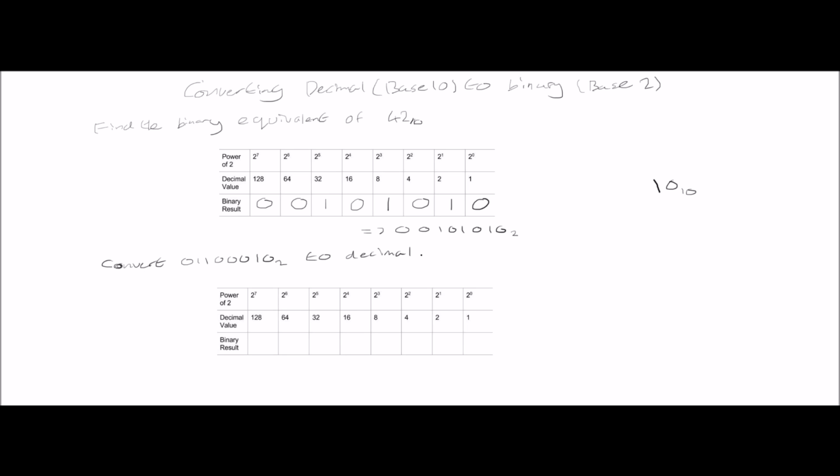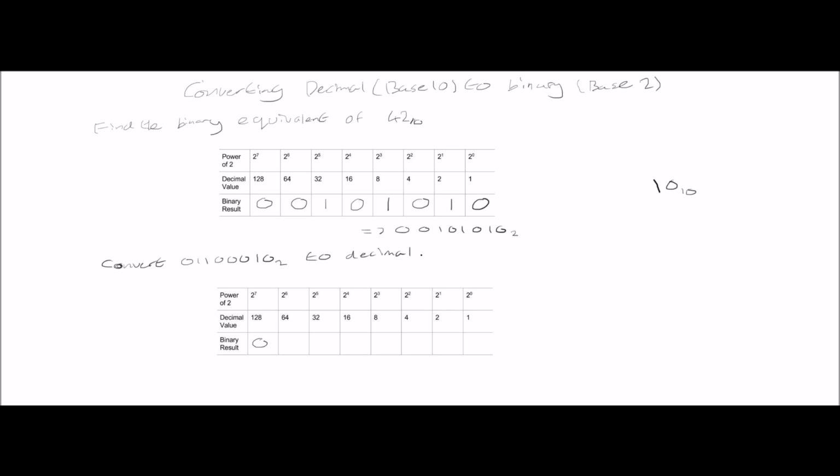Okay, now I'm going to do it the other way round. So our second problem is converting this binary bit pattern to decimal. This is actually much easier to start off with, because all you need to do is put your bit pattern into the table here.